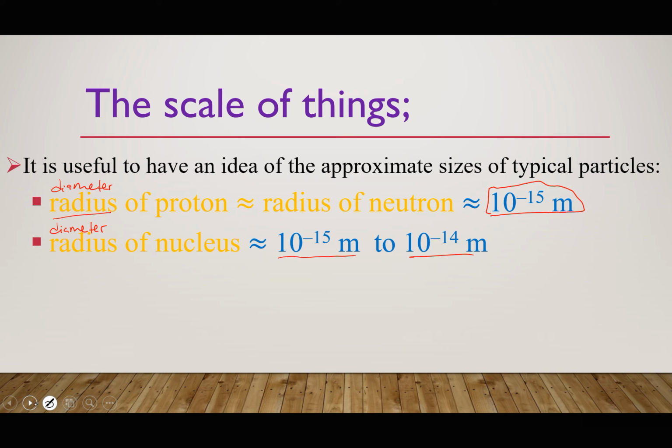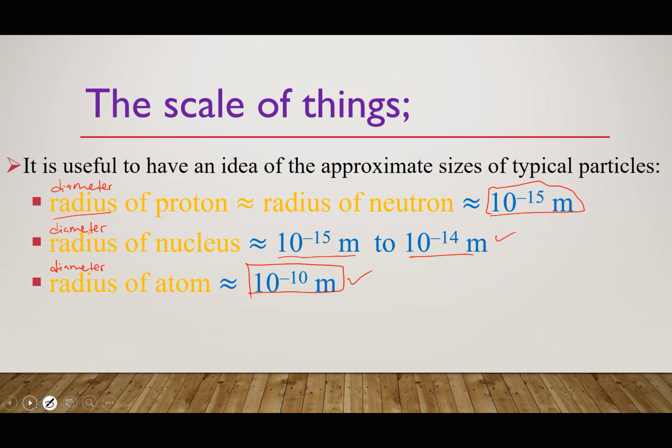Then for an atom, the diameter or radius is approximately 10 to the power of minus 10 meters. These are quantities you should know, especially these ones here. You should have them at your fingertips.